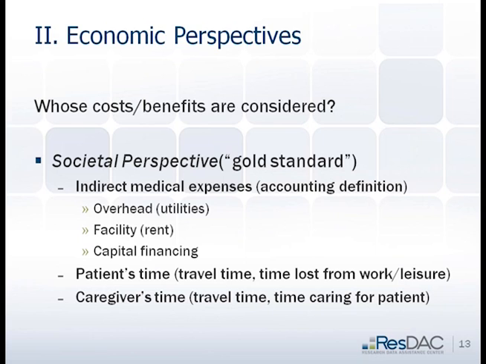And that's why the societal perspective is considered the gold standard, because you're not just looking at what are the pros and cons from an institutional perspective, but you're also taking into consideration the implications for the patient, as well as, if you're talking about Alzheimer's or dementia, for example, you also want to take into consideration the caregiver's time.